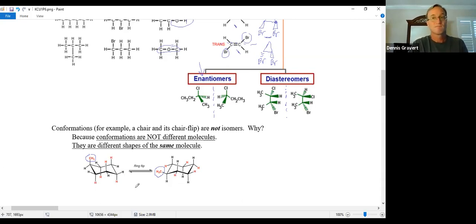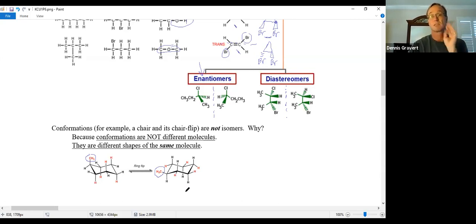These are not isomers. And I might as well complete this whole description here. None of these are resonance structures. Resonance structures are for a single molecule. So if you draw one resonance structure, then another, they're all the same molecule. The key thing is you cannot move an atom from one resonance structure to the other.